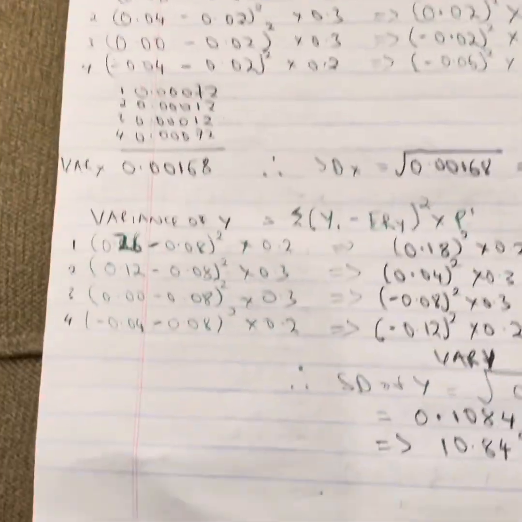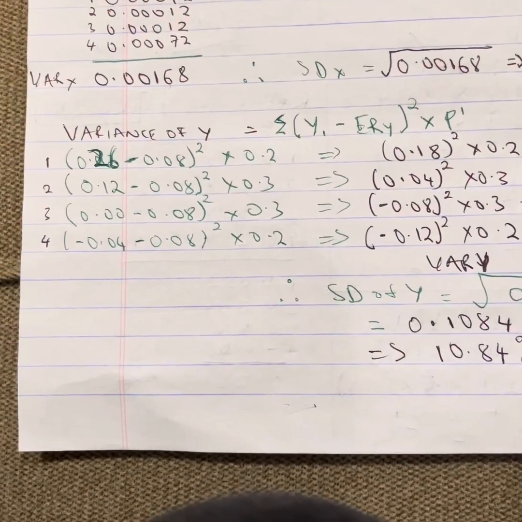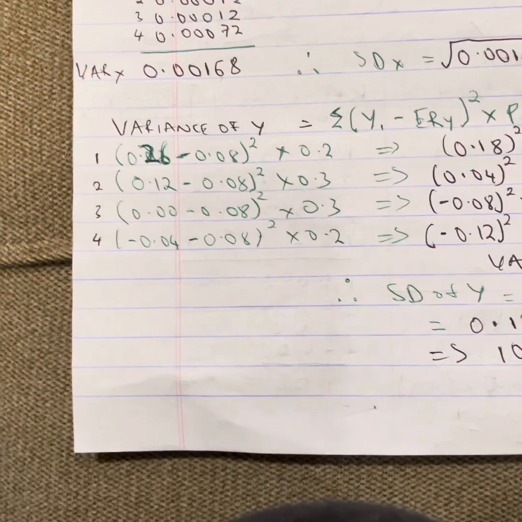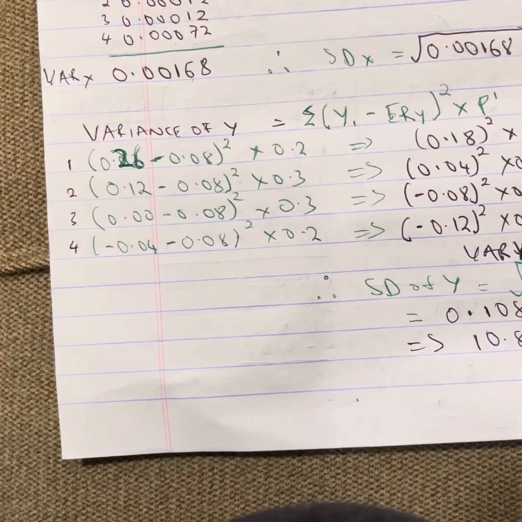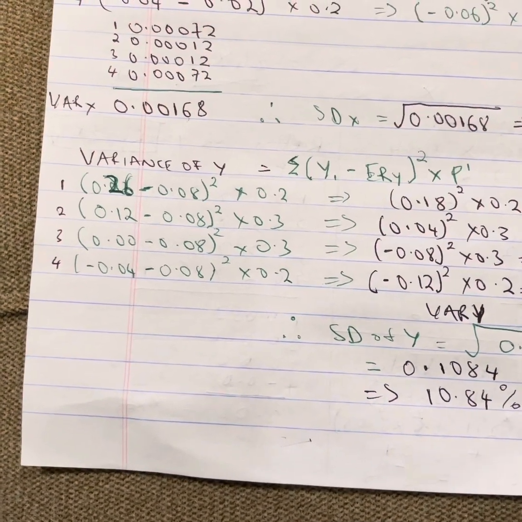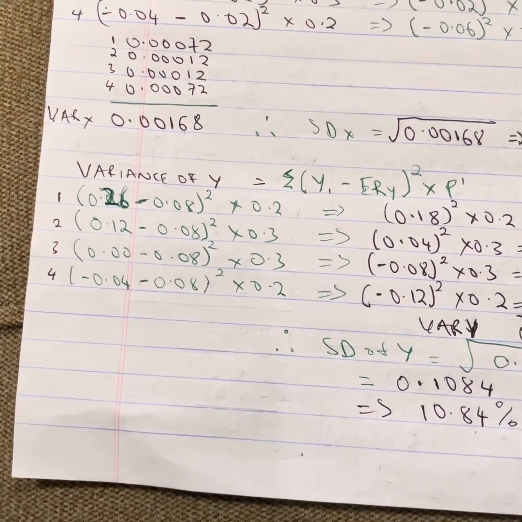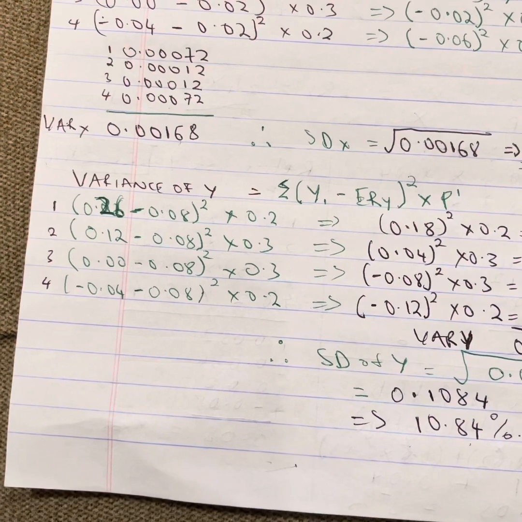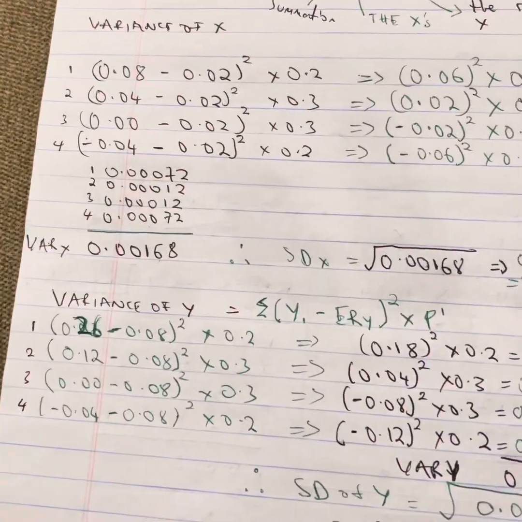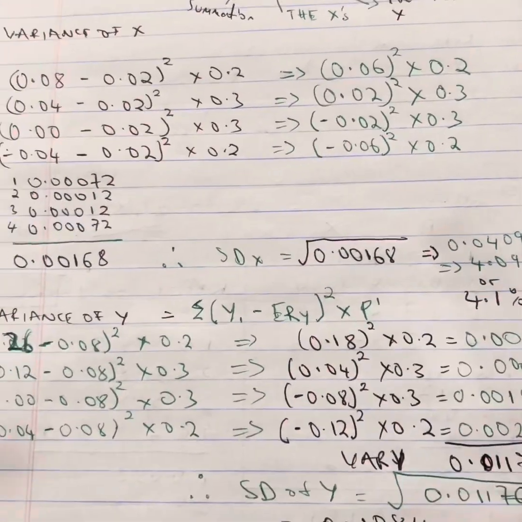And for Y, the risk is 10.84% and it has a higher return of 8%. You see that a higher return is attributed to higher risk, and a relatively lower return is attributed to a relatively lower risk.